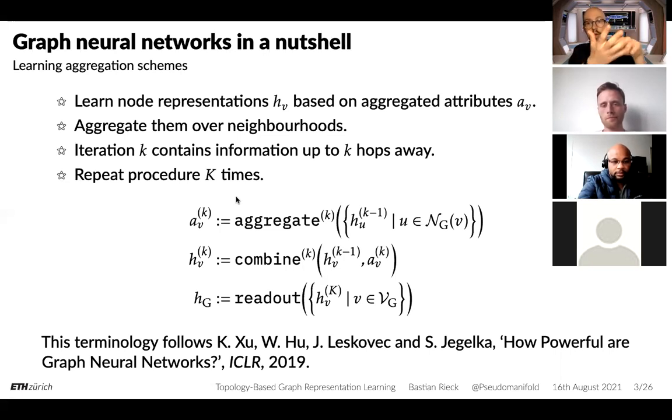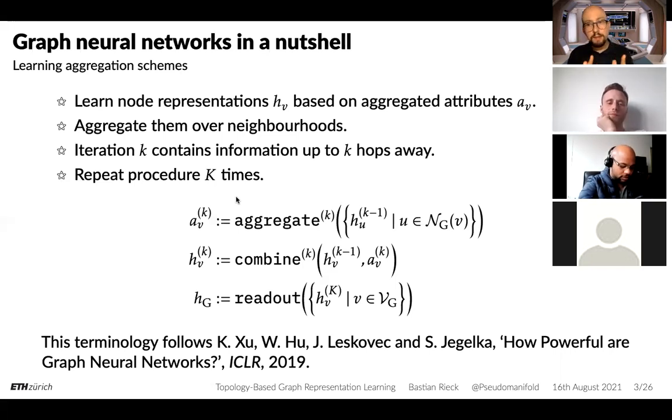So you go to a node and you take its next neighbors that are connected to it, and then you iterate this process. So we'll be talking about more details in a second, but the main idea is you take all the neighborhood attributes, you iterate this multiple times, and then in the end you have a hidden representation that can be extremely high dimensional for every one of your nodes. And you can use this representation, you can collapse this representation in order to obtain a graph level representation.